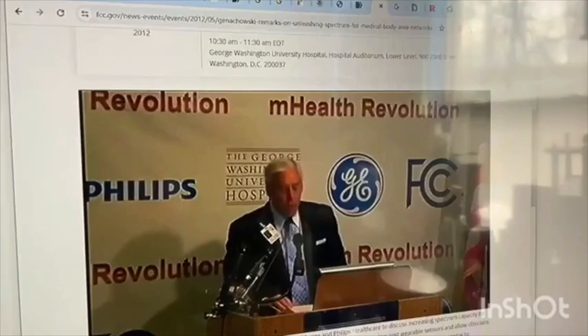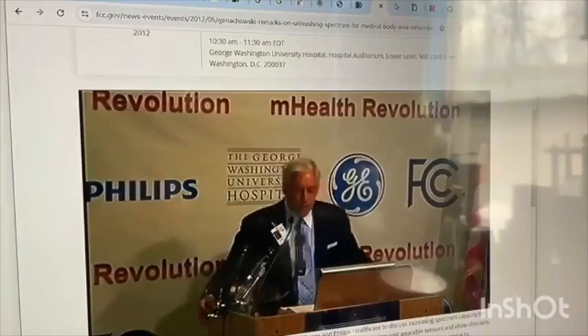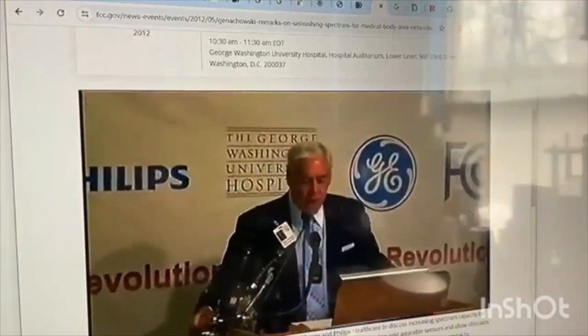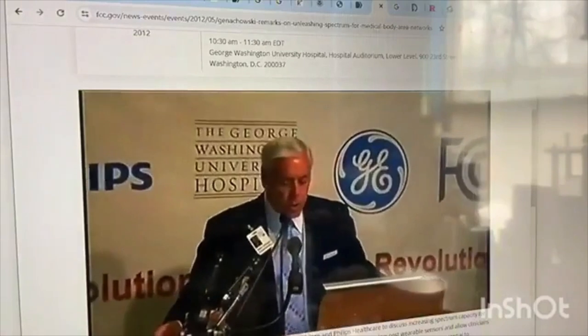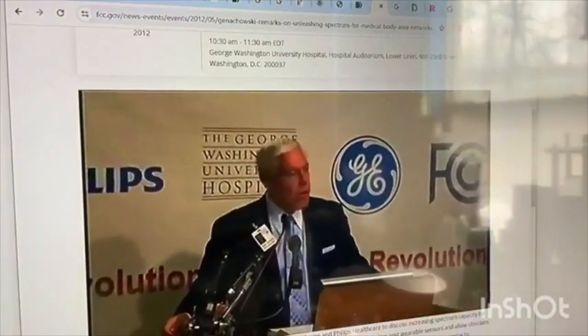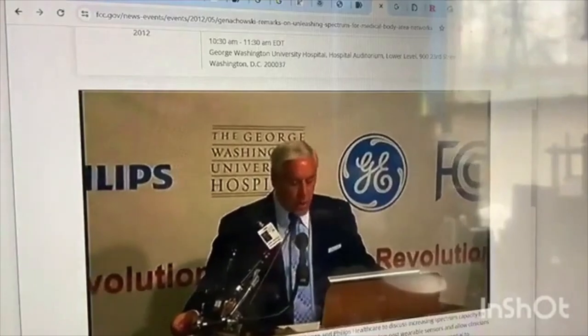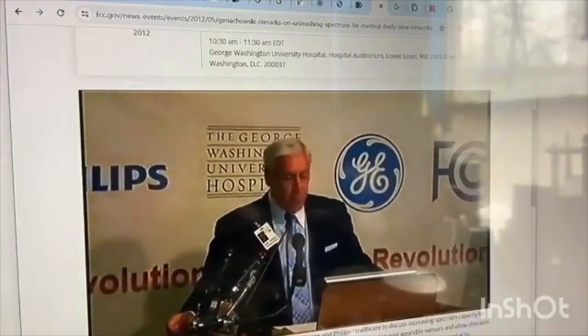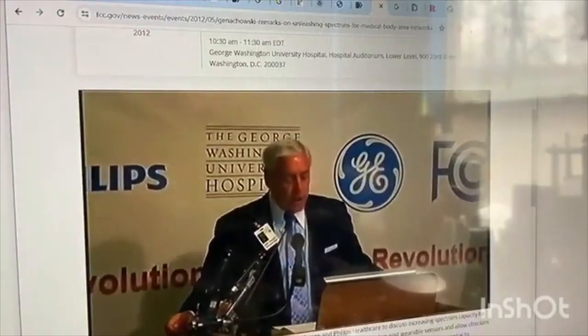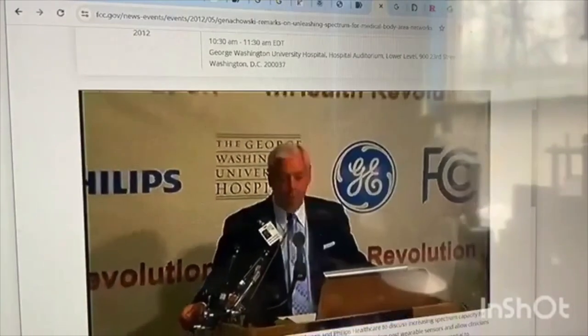To ensure any wireless medical device works efficiently and effectively, manufacturers need to ensure they won't be interrupted by other devices using the same airspace. The FCC plays a pivotal role and has been discussing wireless medical bandwidths for some time with medical technology companies such as GE and Philips, who are with us today.